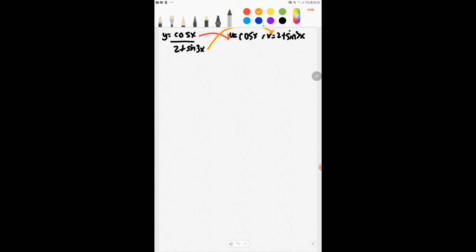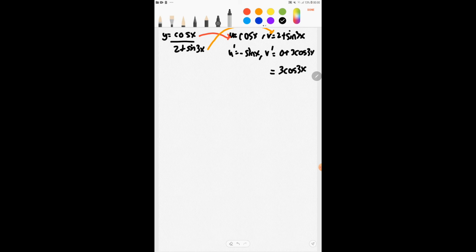Now we want to find the u prime. If we differentiate, we get negative sine x. And the v prime, if we differentiate that, we get 0 plus 3 cos 3x, or we can write it as 3 cos 3x.